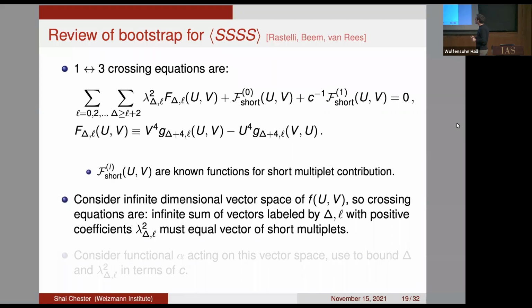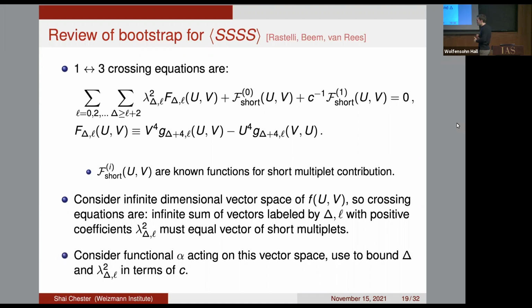Now, as is typical in the bootstrap, let's consider some infinite dimensional vector space, which is functions of u and v. Then you can think of the crossing equations as an infinite sum of vectors labeled by the scaling dimension and spin with positive coefficients given by the OPE coefficient squared. The crossing equations are telling you that this infinite sum must equal a vector of short multiplets. That's an abstract way of viewing the crossing equations in this infinite dimensional vector space.